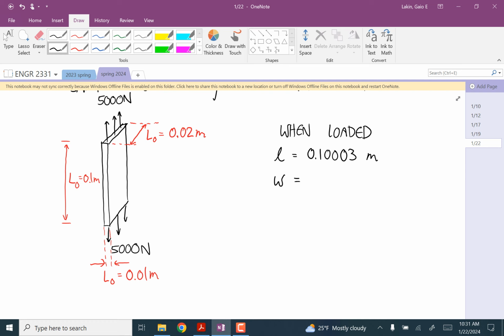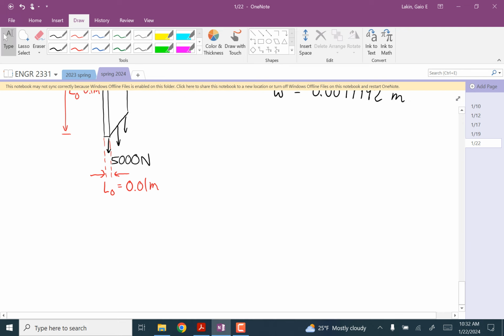The thickness that was 1 centimeter is now 0.0049 and then a 2. And based on that, we want to know what's the strain of the point in that desired application.